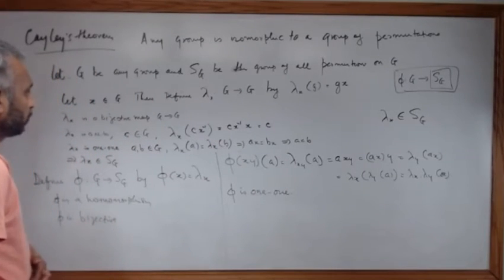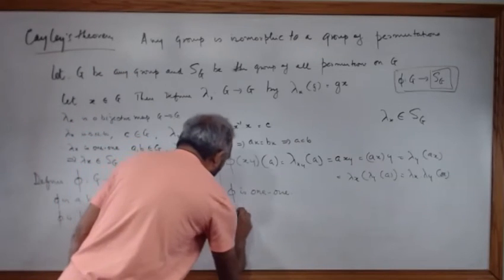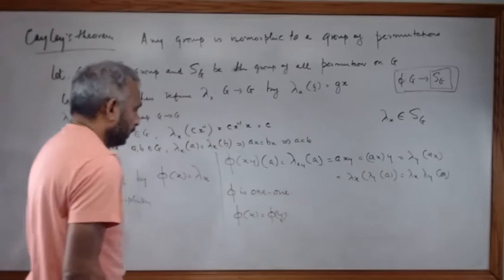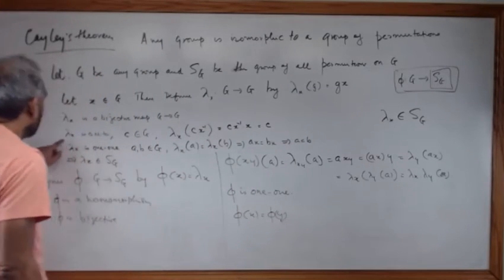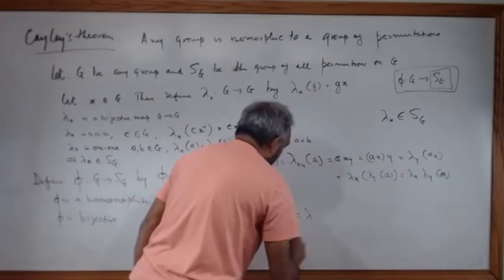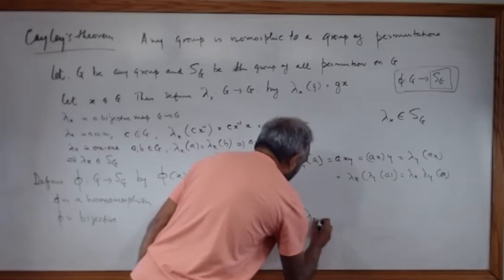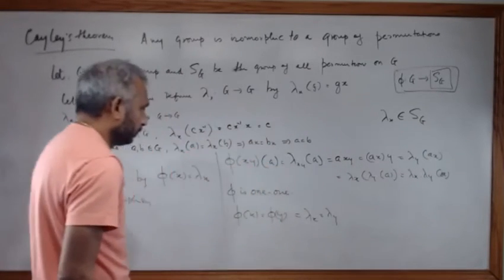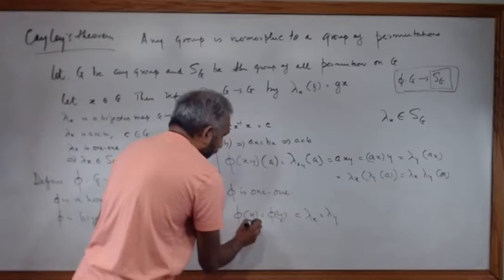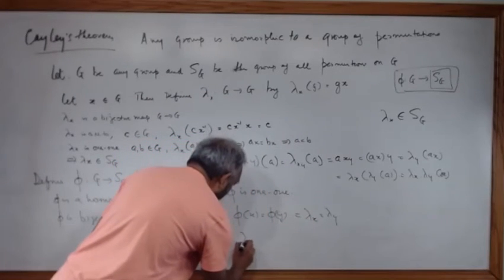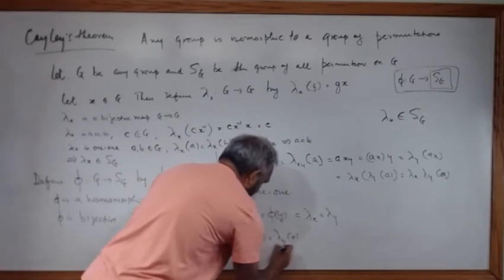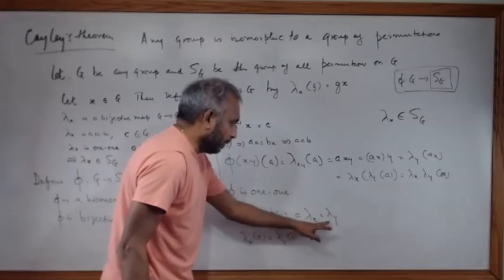How do you prove phi is one-to-one? Let us say phi(x) is equal to phi(y) for some x, y in G. That implies lambda_x is equal to lambda_y. Now let us take lambda_x of e equal to lambda_y of e, because lambda_x and lambda_y are the same.